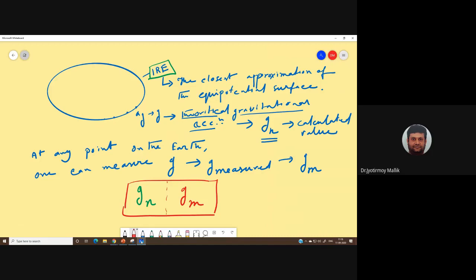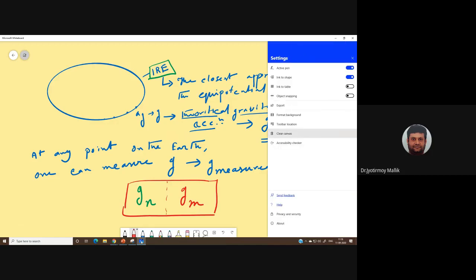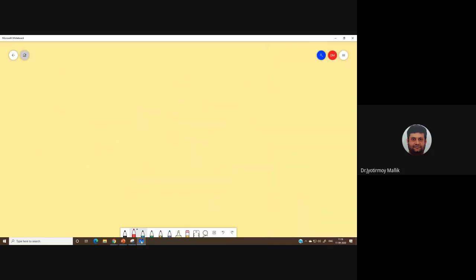Okay. Now, I wish to bring in another important concept today, which we call the geoid. And let us see what a geoid is. Now, this is my international reference ellipsoid. And suppose I am looking at this part more closely, so I'm zooming in to this part.